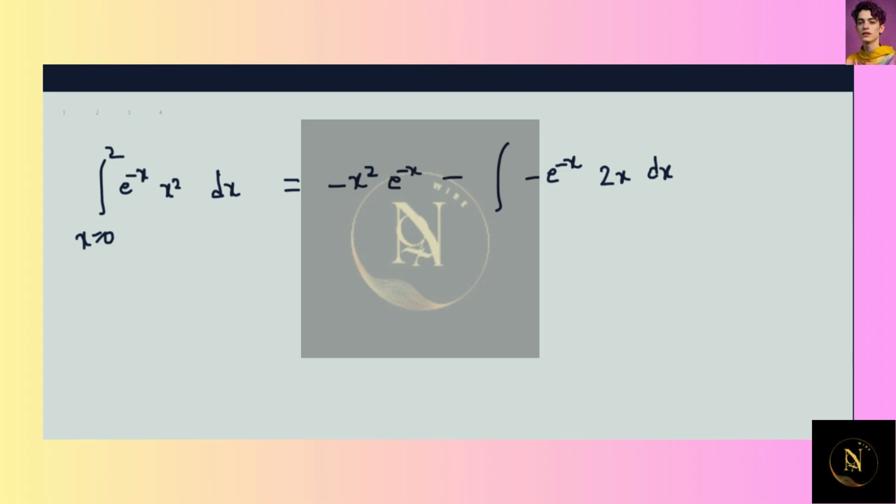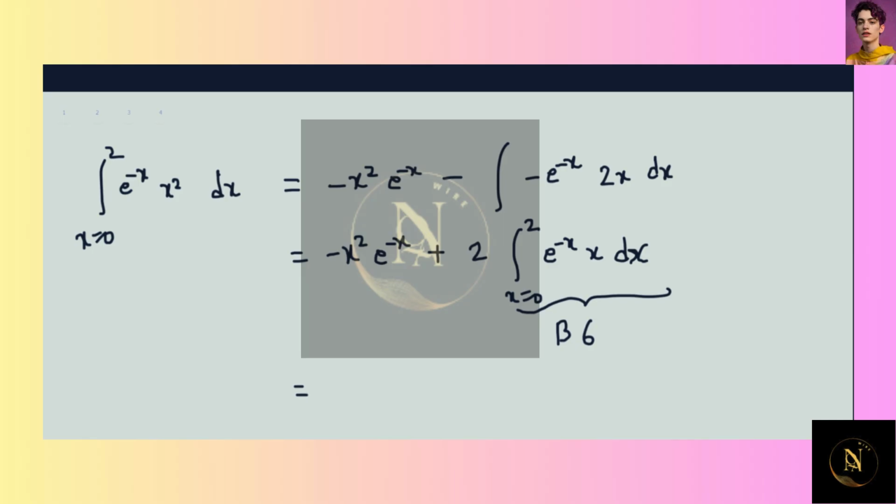Okay, so we basically have minus x squared e to the power minus x plus 2 times the integral of x e to the power minus x dx, where x goes from 0 to 2. Now the solution to this can be found in appendix B.6, integration by parts, so I'm not going to go over this term again.